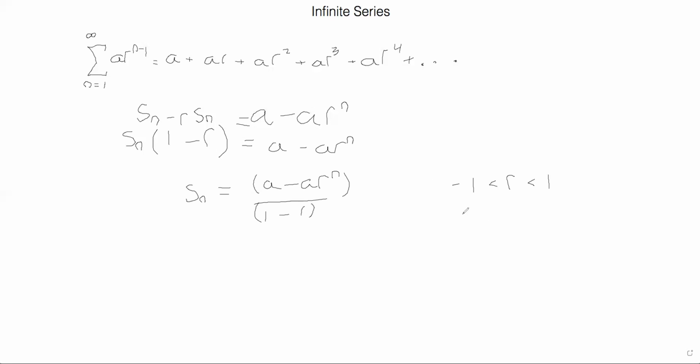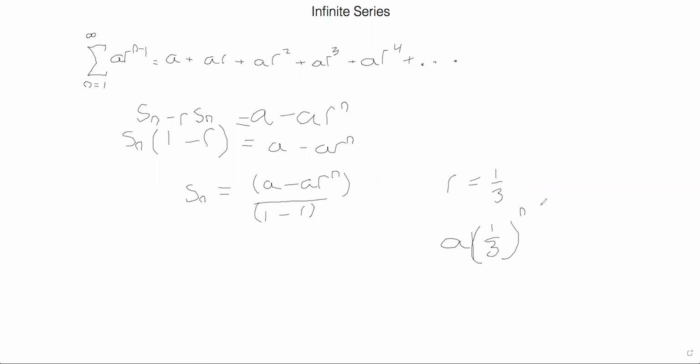So what would happen if we say theoretically that r is 1/3? In the numerator, we have a times r to the n power. This would be a times 1/3 to the n power.